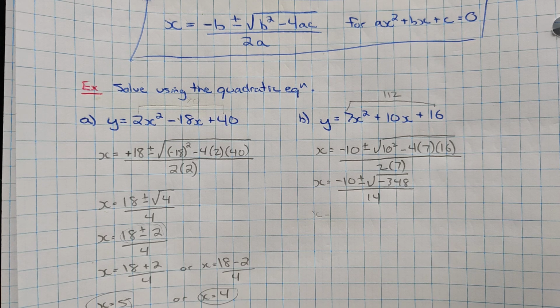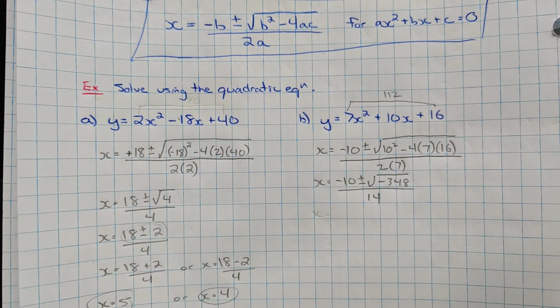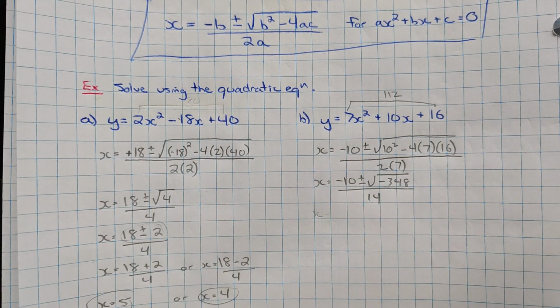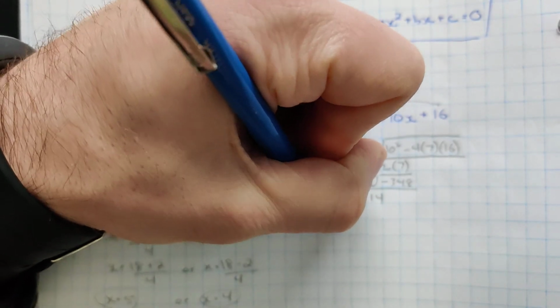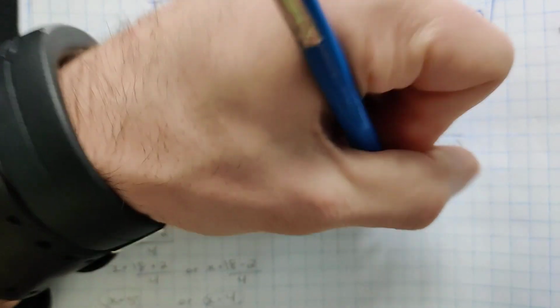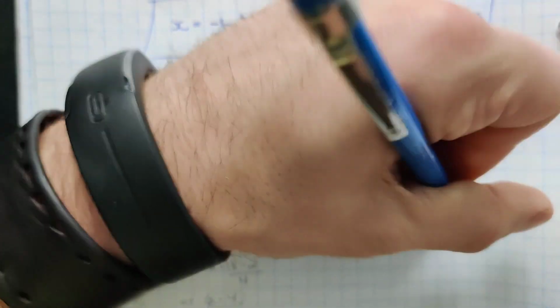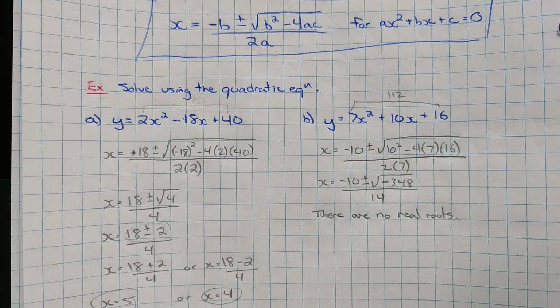In my calculator, it's showing error, non-real answer. Your calculator may show an error or something like that. We cannot take the square root of a negative number. It is not a real number. So there are no real roots is our answer.